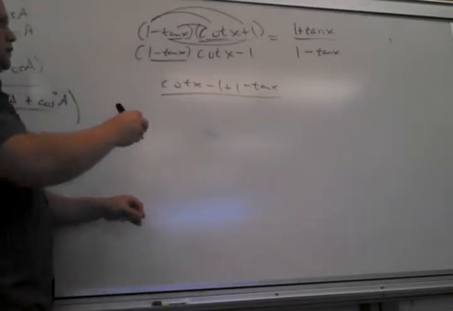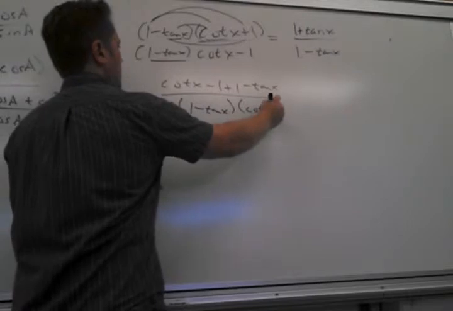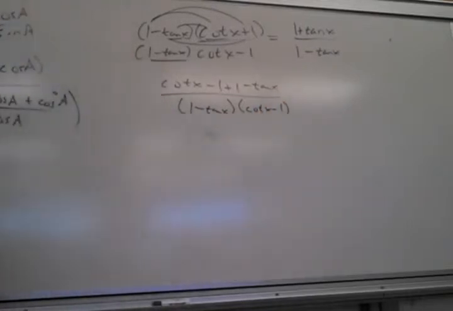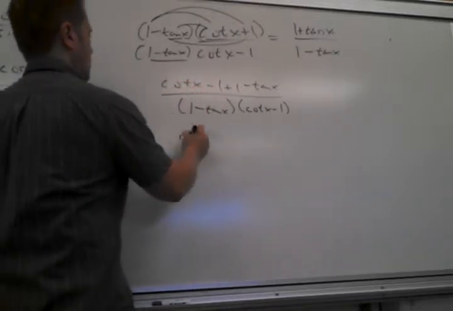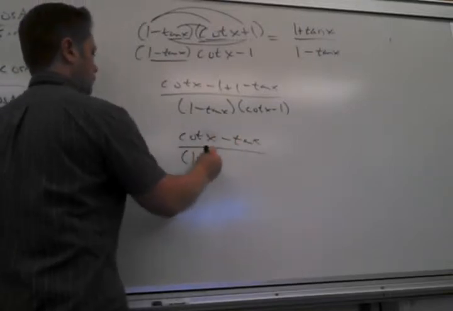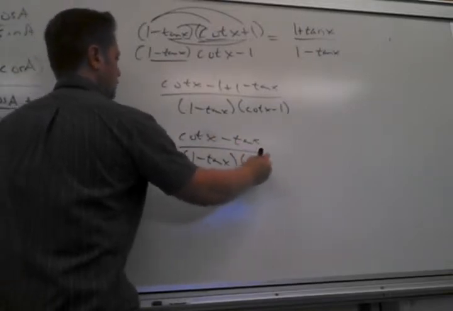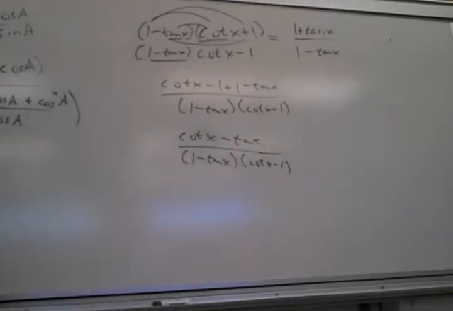Over 1 minus tangent x times cotangent x minus 1. All right, check me on that. Good. So the 1's go away. Is that cool? So I get cotangent x minus tangent x over 1 minus tangent x, cotangent x minus 1.